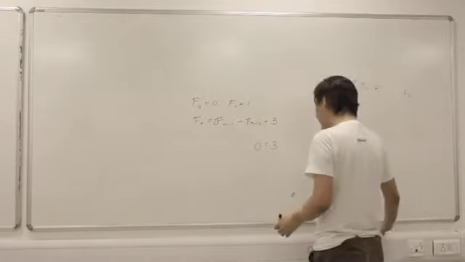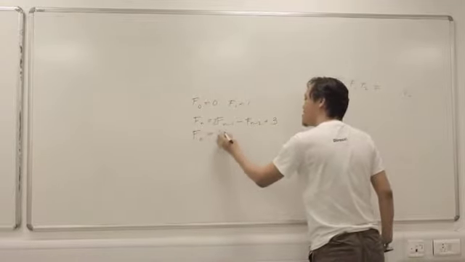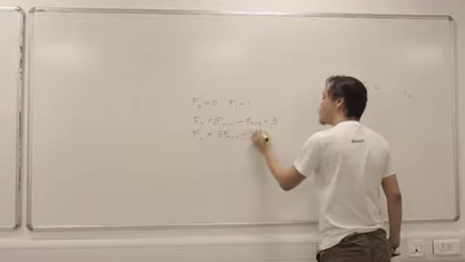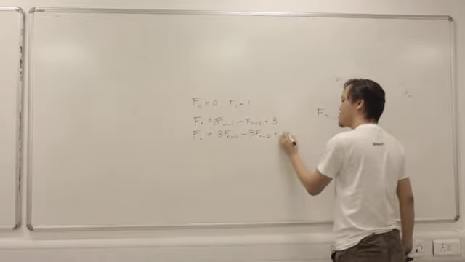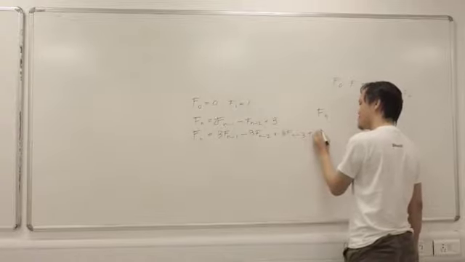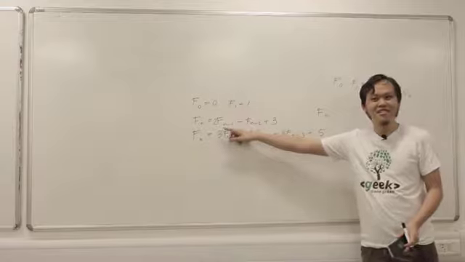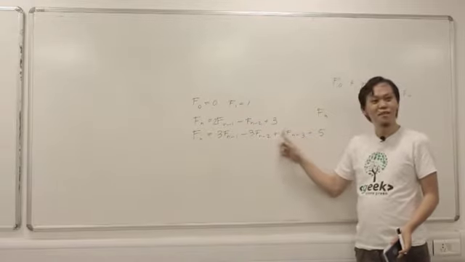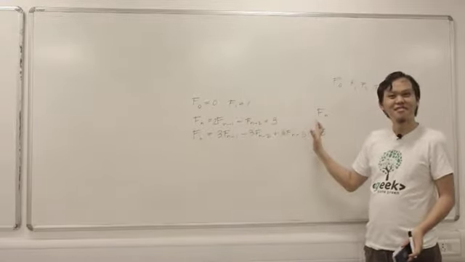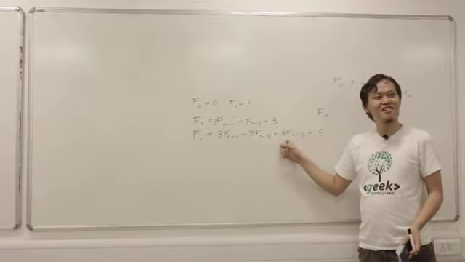Okay? Another is this. I hope you see the pattern. So these are binomial coefficients. And do you understand why it works when we do this?